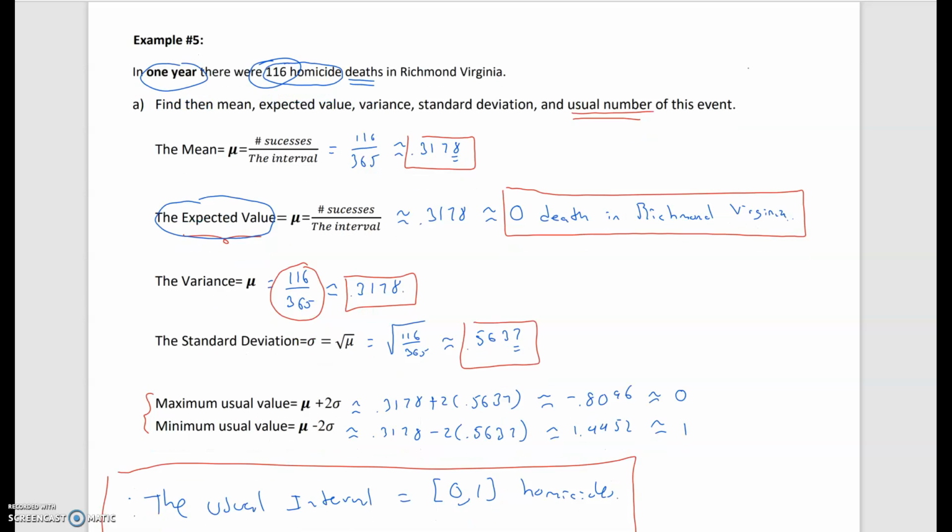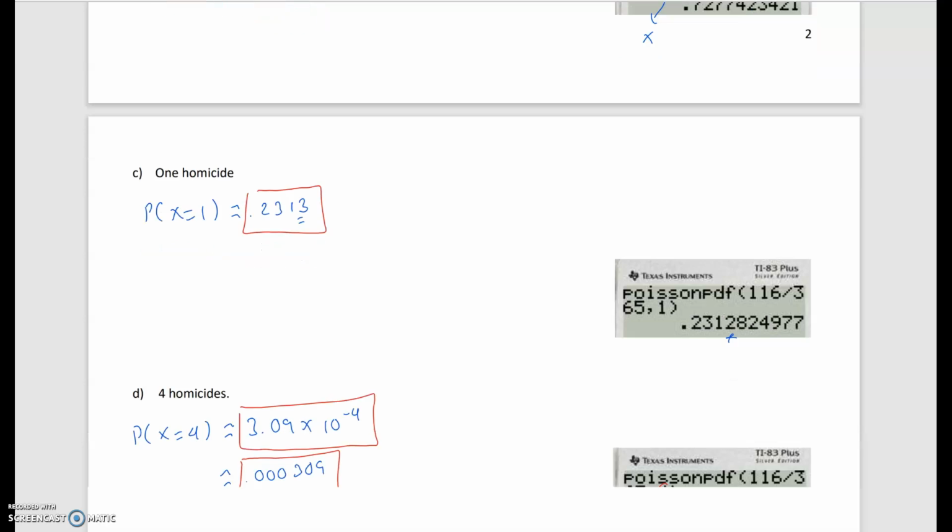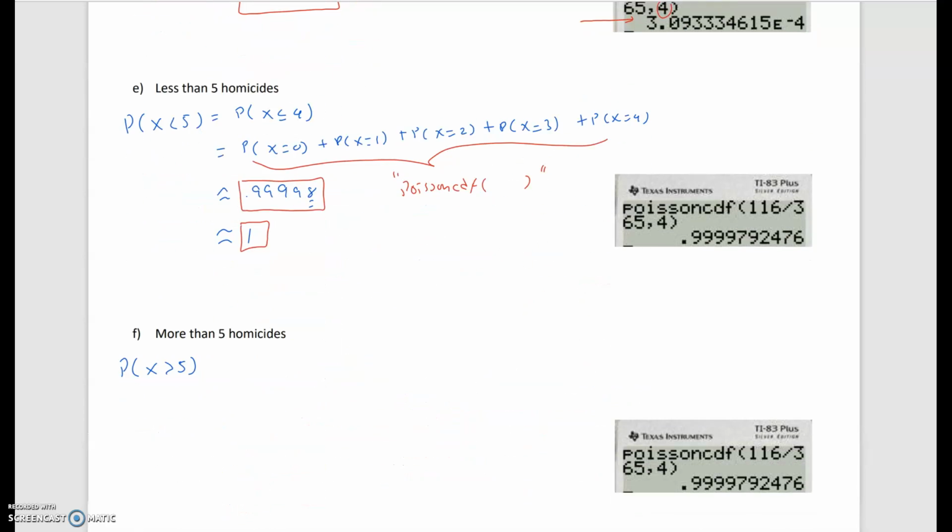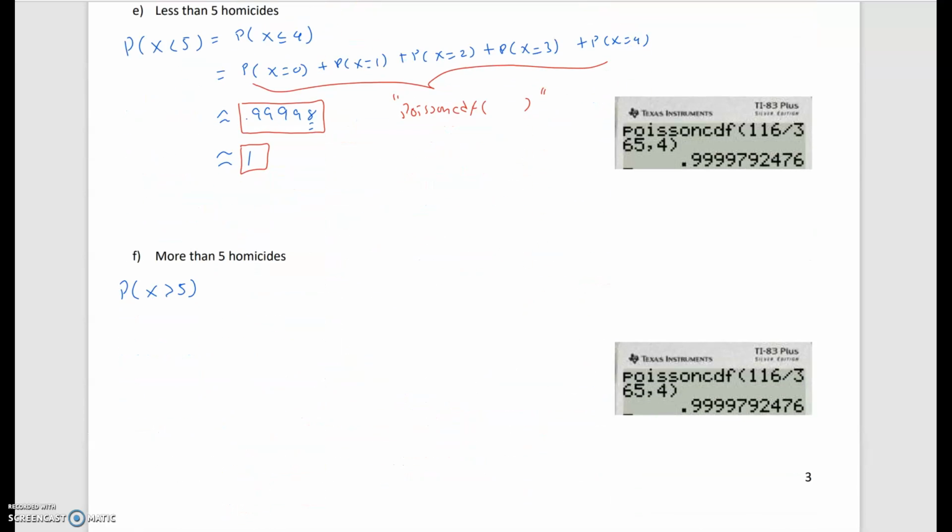So that 116, it's not technically all the ones that there could be. That's just a number. And in this case, we're going to use the complement. And the complement is 1 minus the probability of x is less than or equal to 4. For the less than or equal to 4, we would use the CDF.